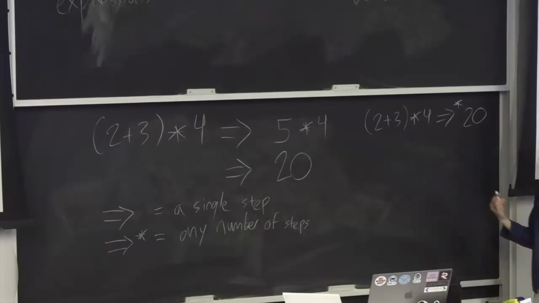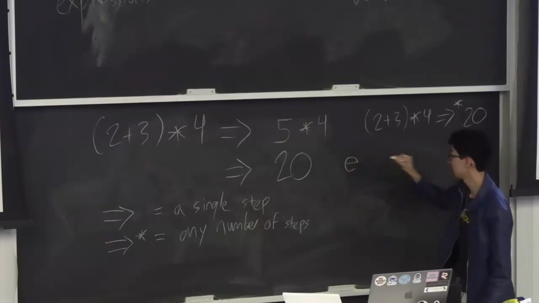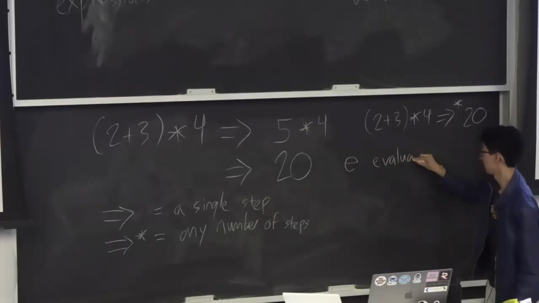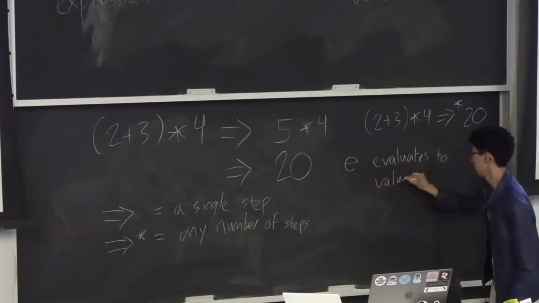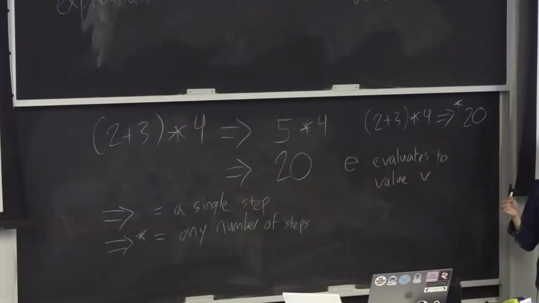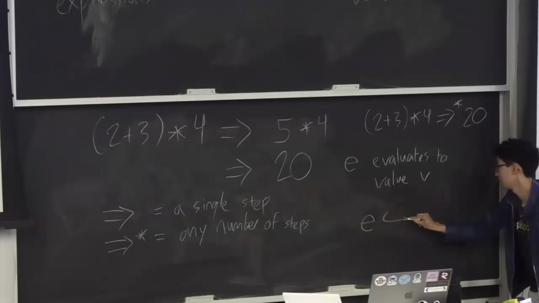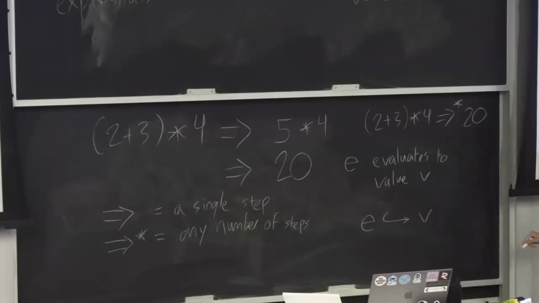And in particular, if an expression evaluates to a value, so let's say we have an expression E, and this evaluates to value V, then I'm going to give you a shorthand where I say E hook right arrow V. Okay, so write this one down.